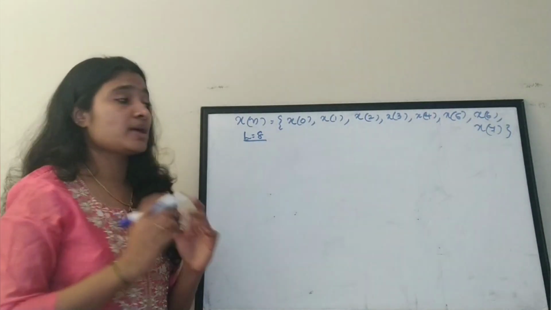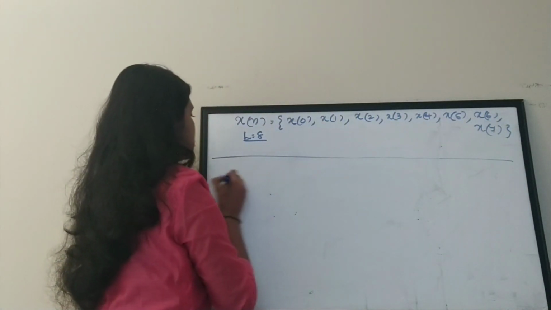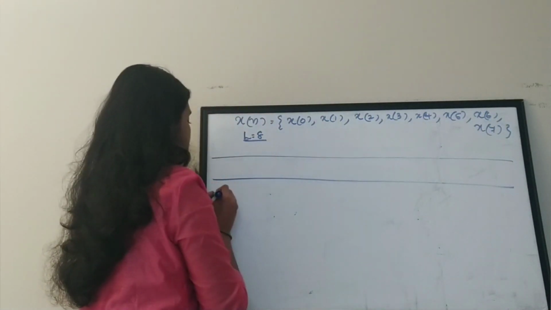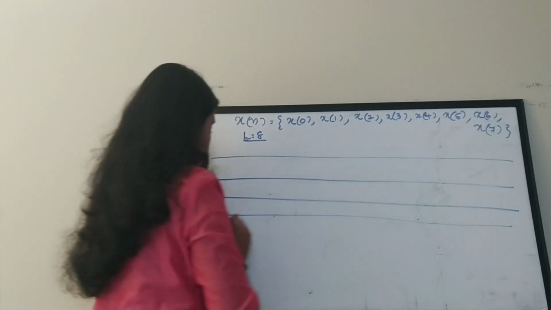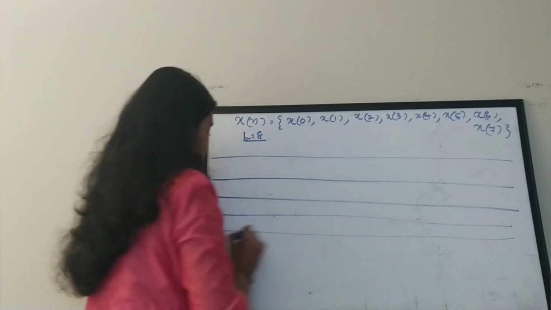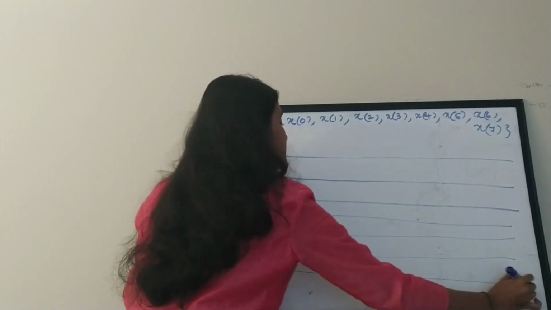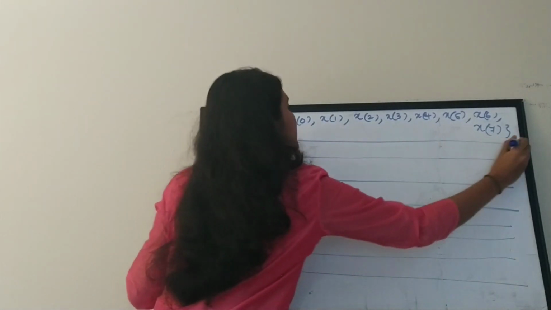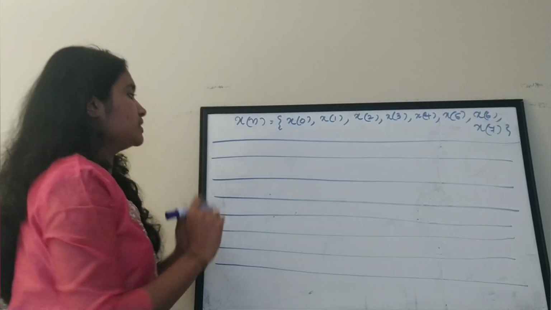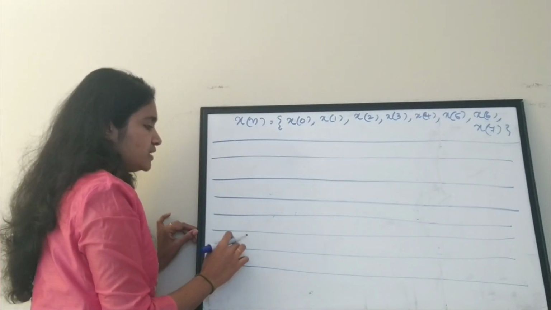We will draw 8 parallel lines. 1, 2, 3, 4, 5, 6, 7 and 8.